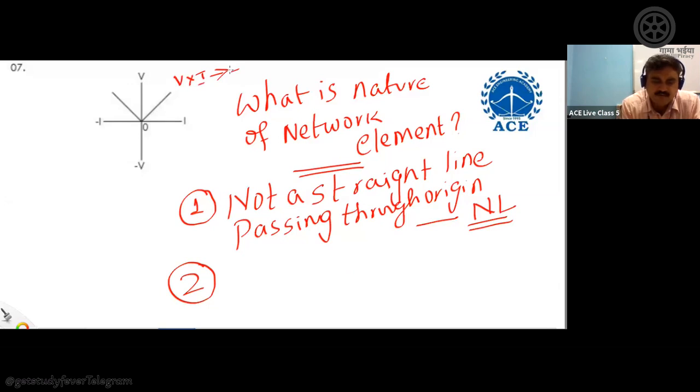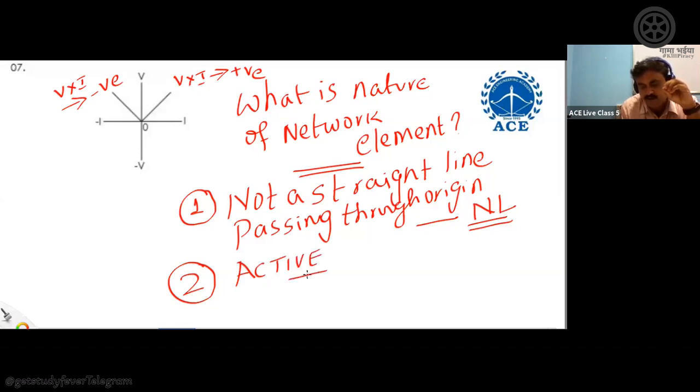But in the second coordinate, product of V and I is negative. Means what is the meaning? Sometimes it is active and sometimes it is passive. But even though at a single point of time, if the product happens to be negative, definitely you can confirm that the network element is active only. You have to consider it as active. Even at one point of time, it is able to deliver. So we have to consider it as active element. So this is network element which is active.